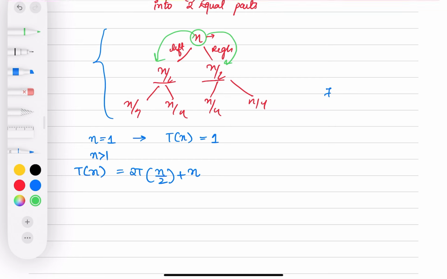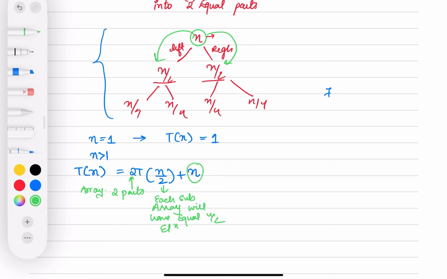This is because of dividing the array into two parts, and each sub array will have equal n by 2 elements.